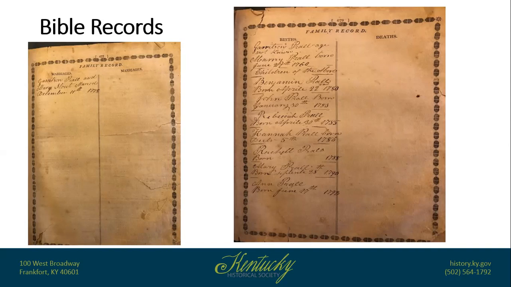So that may be another reason why you don't have a birth or death record: it was too early, and there may not be a lot of straightforward birth and death records that early as far as Kentucky goes. But you might find a Bible record and learn about a death or a birth, or a newspaper article or an obituary or something like that.